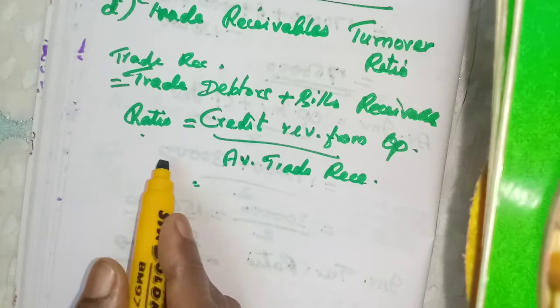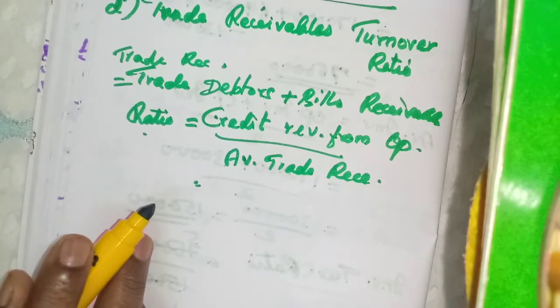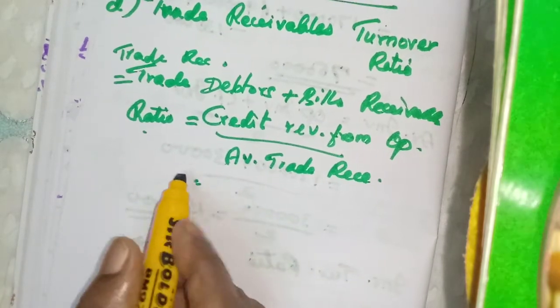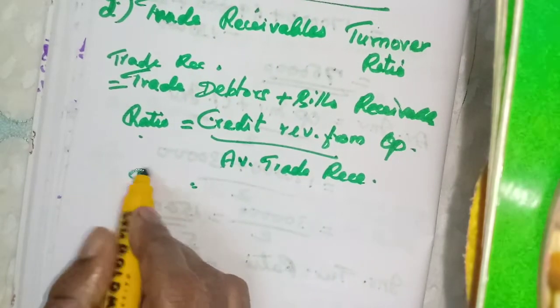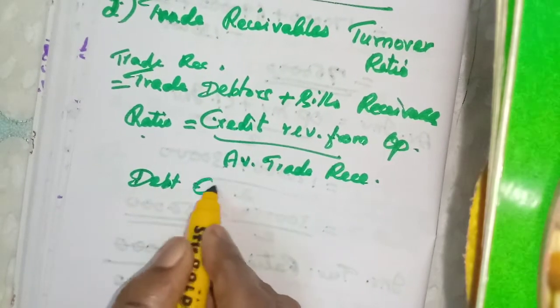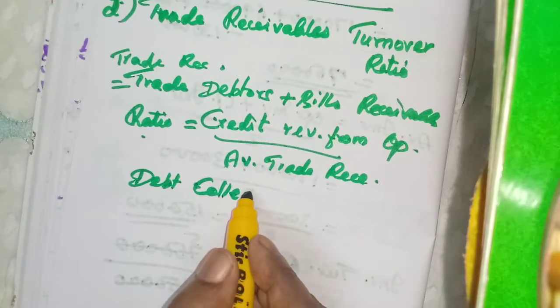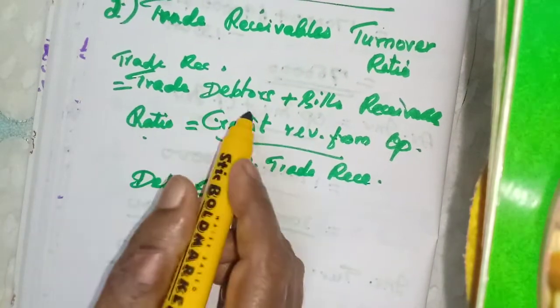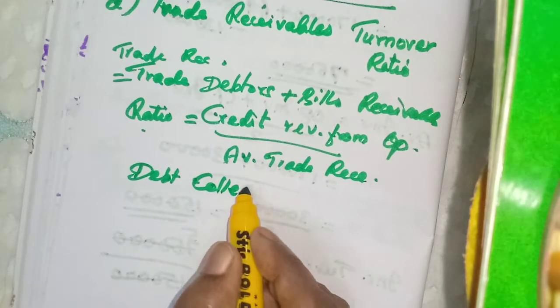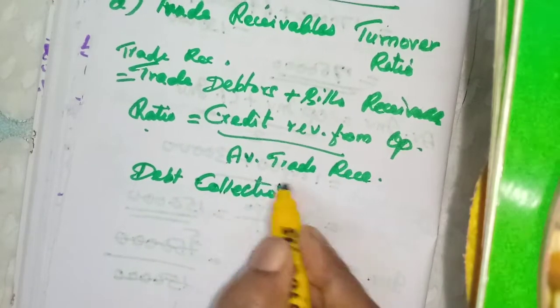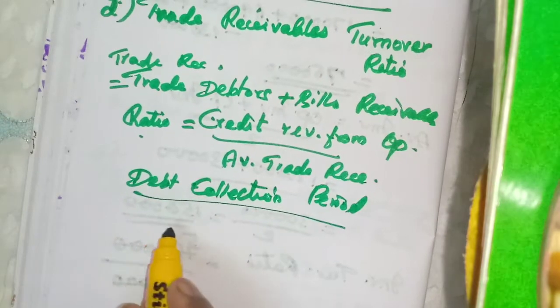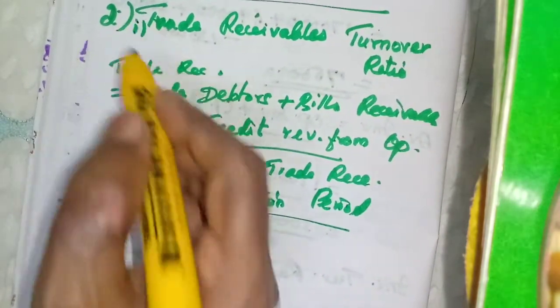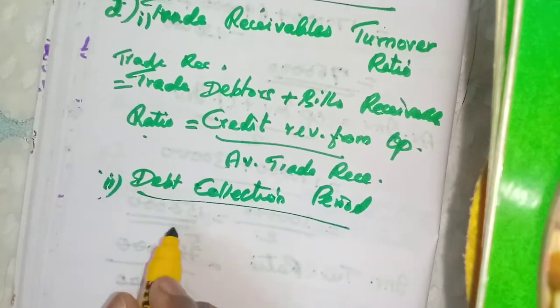Then the conversion period also we have to calculate, that is the debt collection period. Within how many months or within how many days we can collect these trade debtors and bills receivable. Okay, it has two parts, each one has.